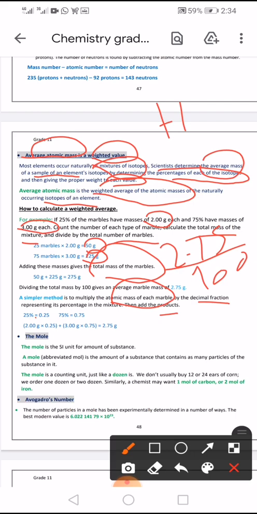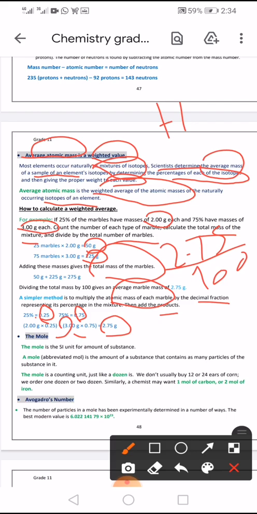Then multiply 0.25 by the mass of 2 grams, and 0.75 by the mass of 3 grams, and sum them.